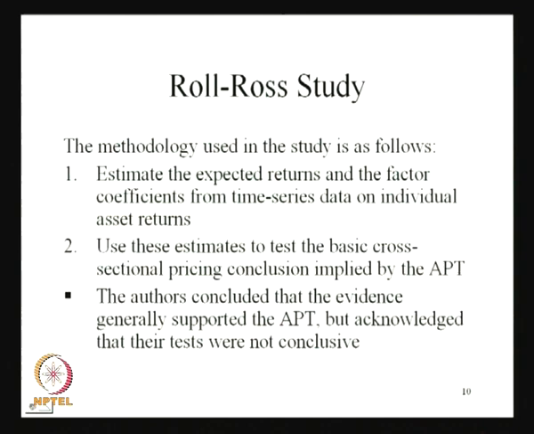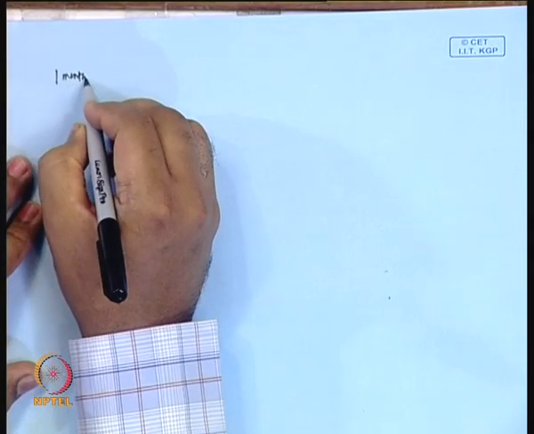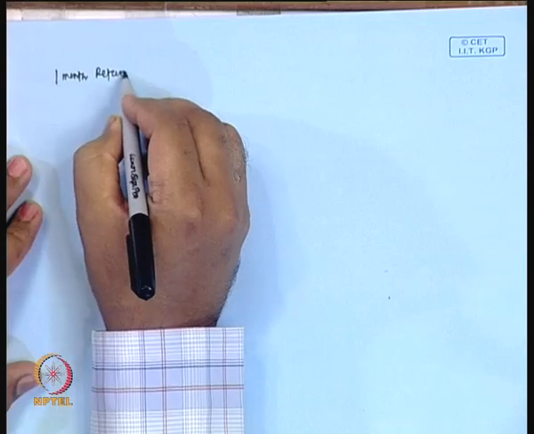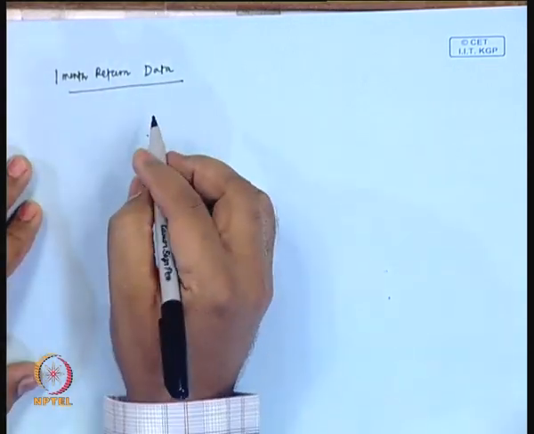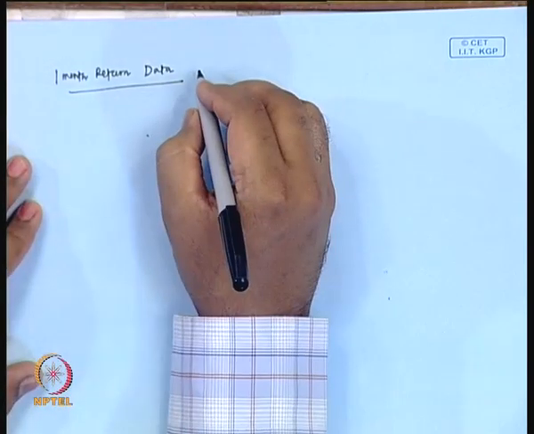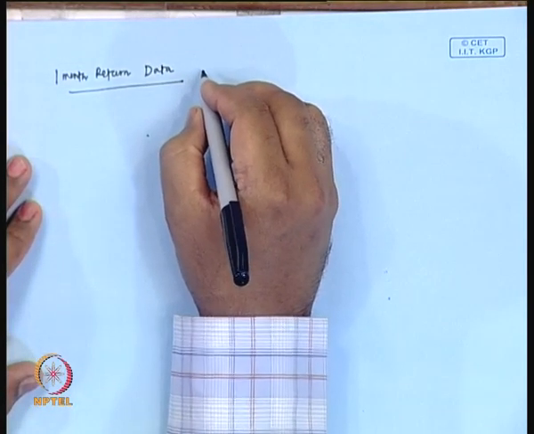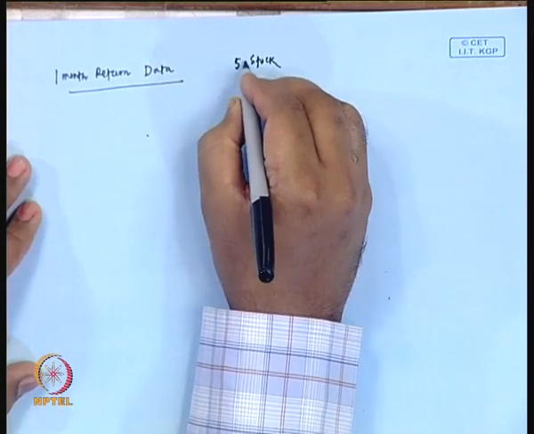What basically here the Roll and Roche is trying to say? You see that we have 1 month return data with us, and we have let's say 5 stocks or 50 stocks.